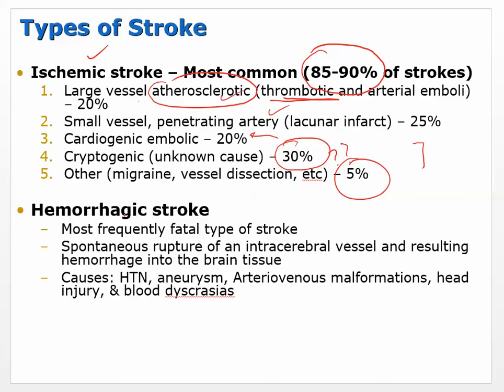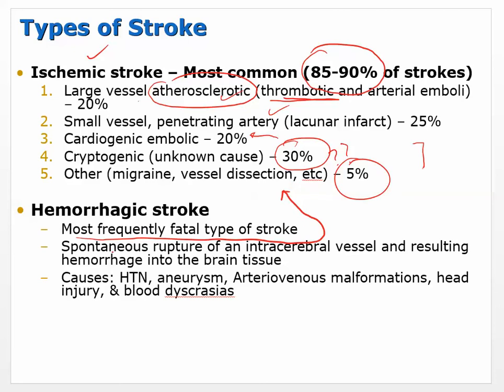So paying attention to these percentages isn't as important as just understanding how they can present. Okay, so hemorrhagic, most frequently fatal. I mentioned that, or maybe I didn't, but it is the most frequently fatal. So that means that ischemic strokes will cause damage. You have loss of facial movement a lot of times, or some kind of body movement, but it also affects you cognitively.